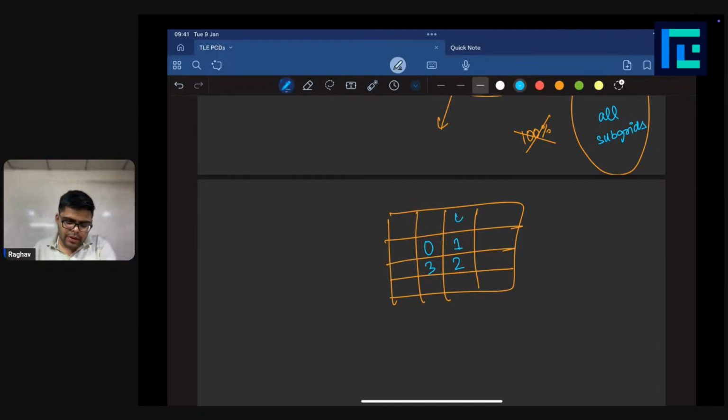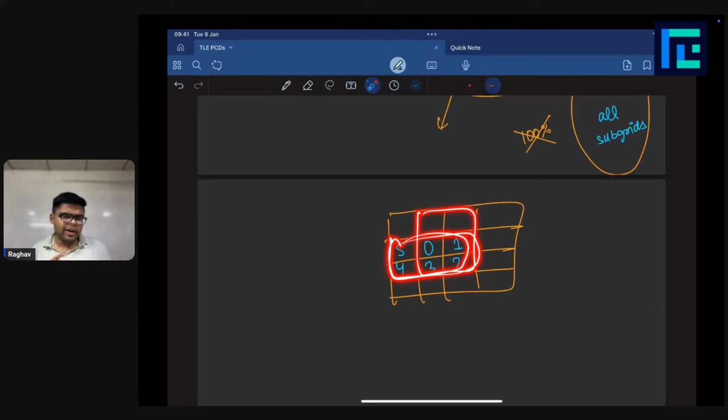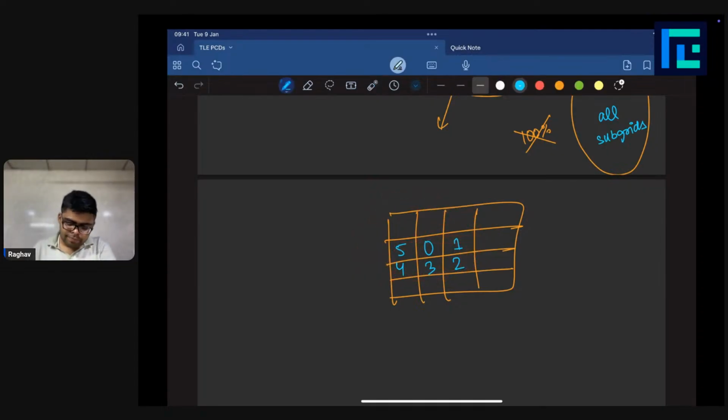So you can be pretty lenient regarding this, like writing 4 5 in this way or 4 5 in this way. So I just realized that even if I write 4 5 like this, it is the same thing. Instead of having this subgrid, if I'm having this subgrid, everything is the same. It is basically as if I rotated this array 90 degrees.